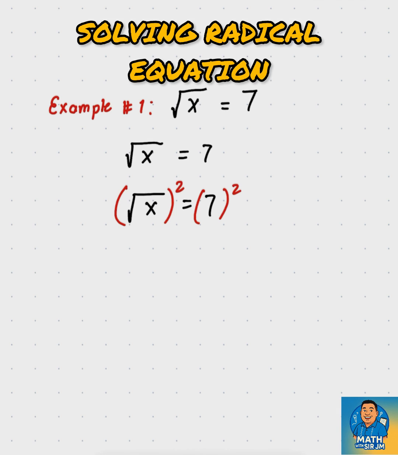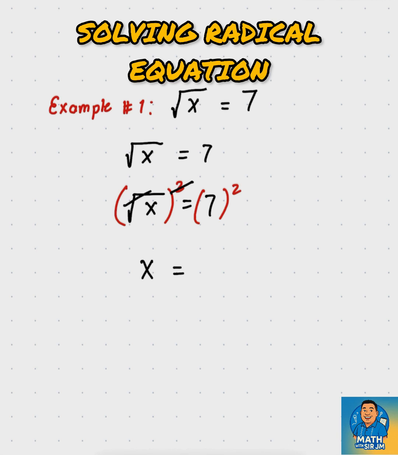both sides. Since our index and exponent are equal, we will cancel out the radical sign and also the exponent. Then the variable x will remain, is equal to 7 raised to 2.